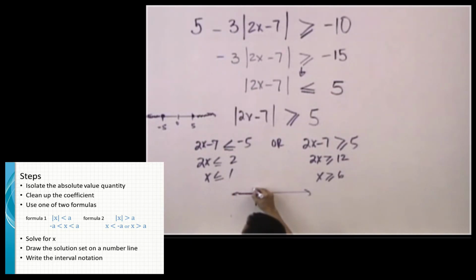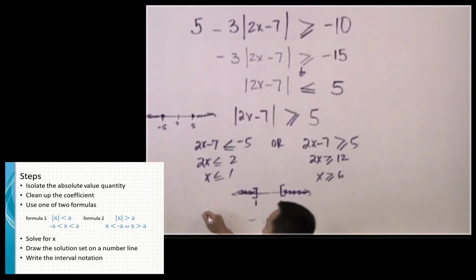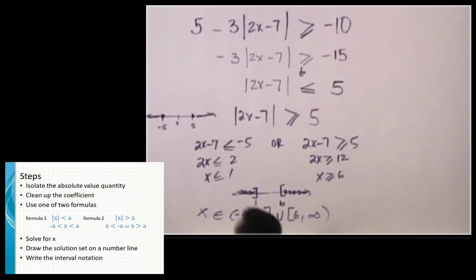I want less than, so I shade to the left. I have 6, greater than, so I will shade to the right. And the interval notation answer: x belongs to negative infinity up to 1, close the bracket, union 6 to infinity.